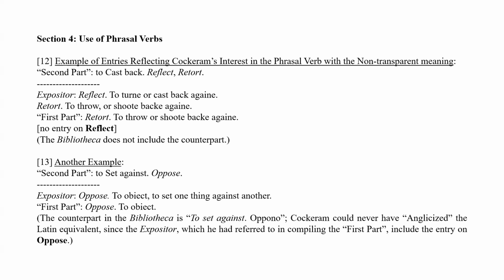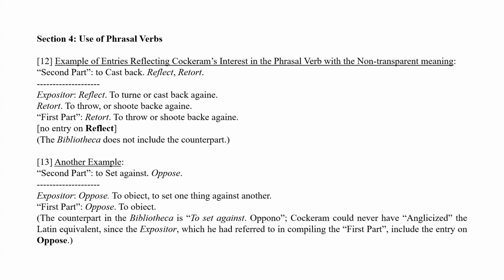If I cite one more example, the set of entries with reference number 13 on the slide concern the phrasal verb "set against". In this example, it will be clear that Cockeram disregarded the object in the Expositor and the first part, choosing and modifying the phrase in the Expositor "to set one thing against another" to provide the head phrase "to set against" in the second part.